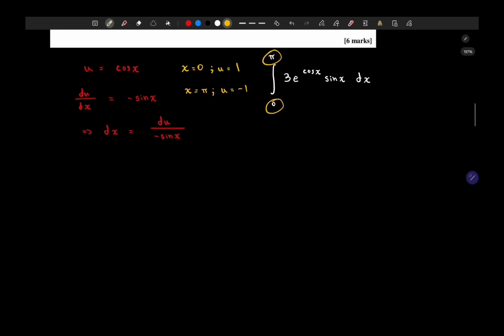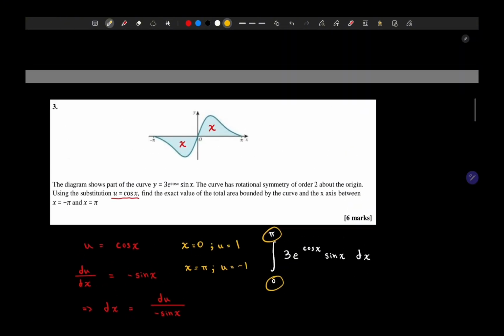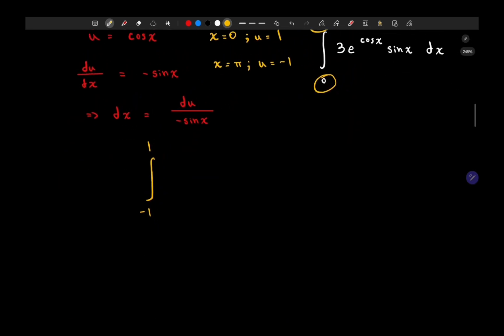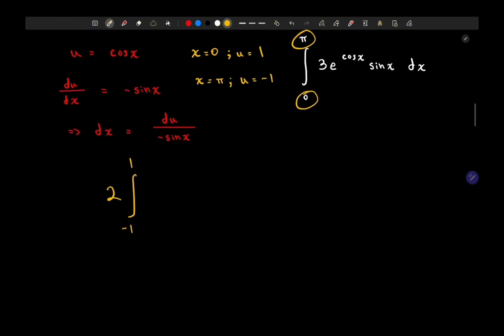So now we can write this integral as minus 1 to 1. And there's another thing, we need to find both of these areas. Since both of these areas have the same magnitude, we can multiply it by 2. So the integral would look something like this: 3 e to the power cos x multiplied by sin x, and we can replace dx with du over negative sin x, or negative du over sin x.